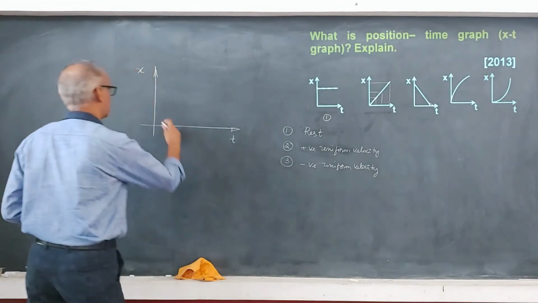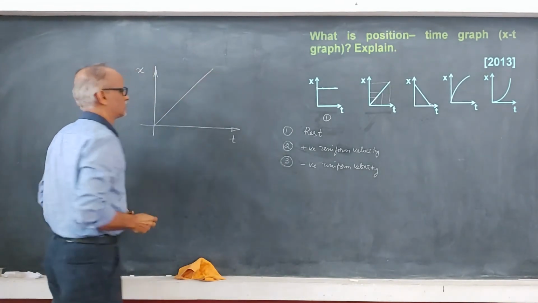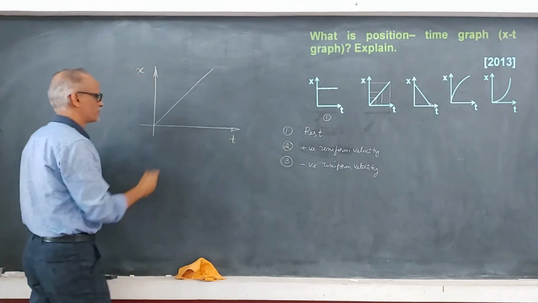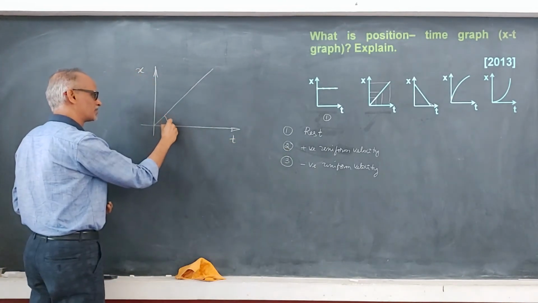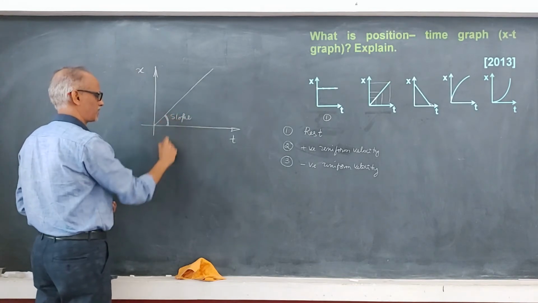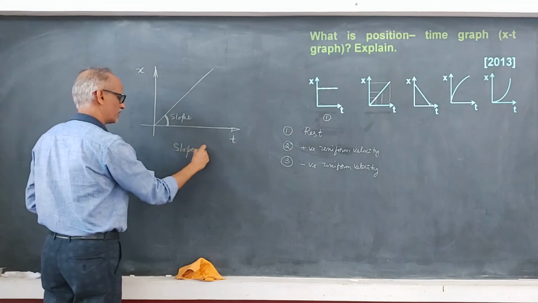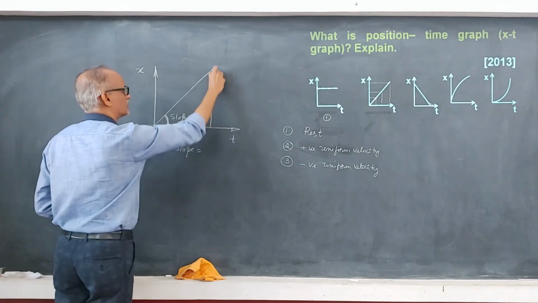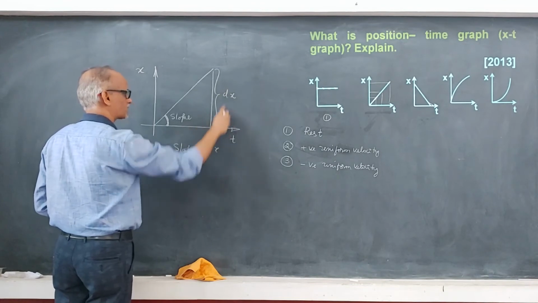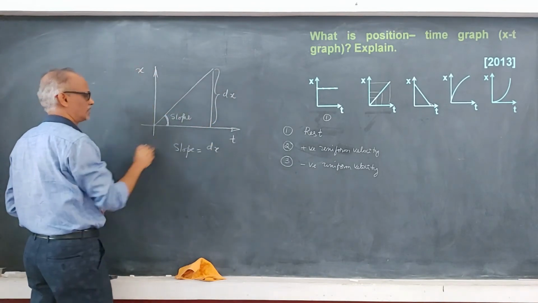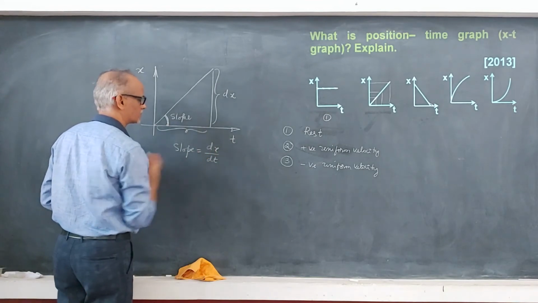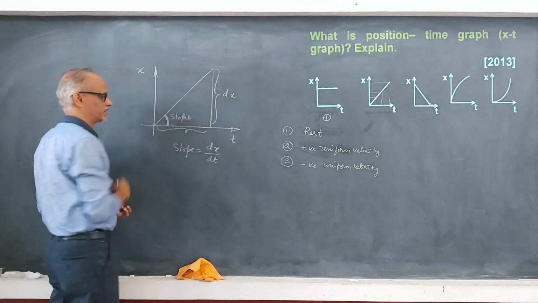So suppose I take the graph something like this, according to graph number 2. Here I can measure something called the slope, this angle. The slope is always the ratio of change in the y-axis to the corresponding change in the x-axis, that is dx by dt.